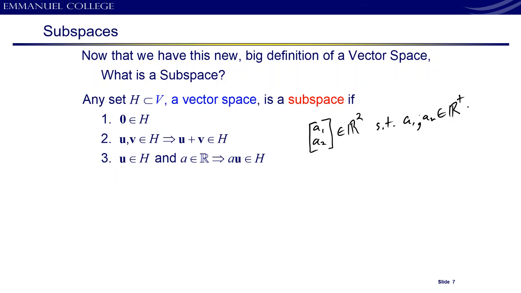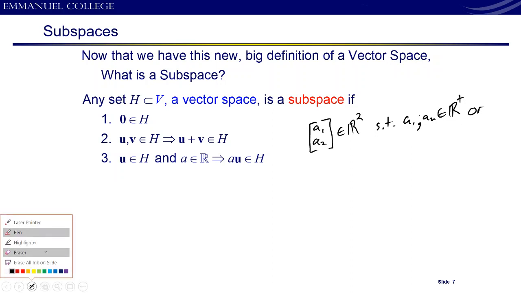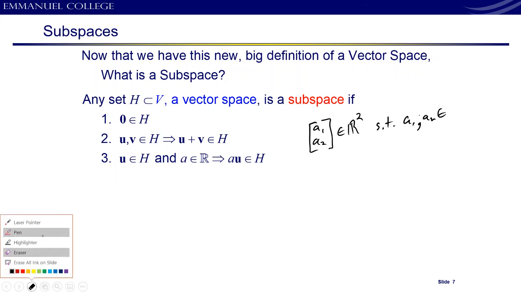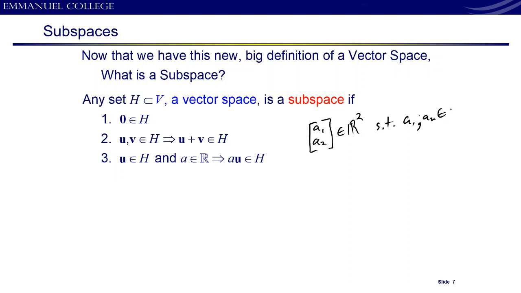Well, maybe I shouldn't say positive entries. Let's narrow it down to natural numbers. So if we take something like this, could that be a subspace? Well, we know at the very least it's a subset. You can always take a subset, but not every subset is going to be a subspace.